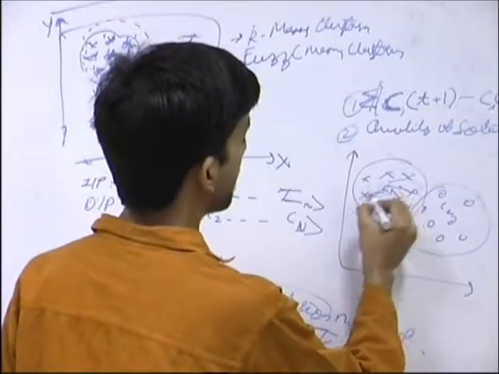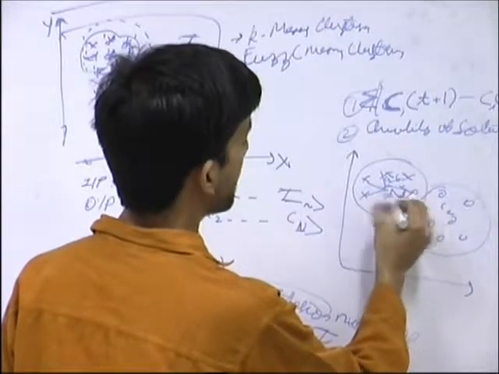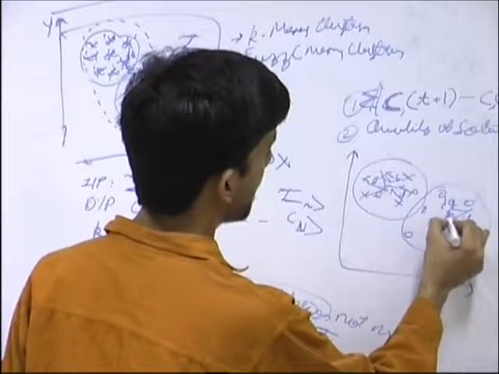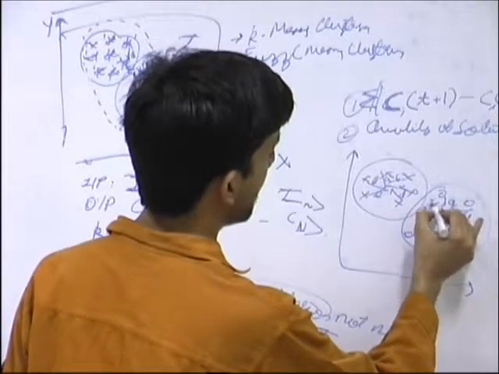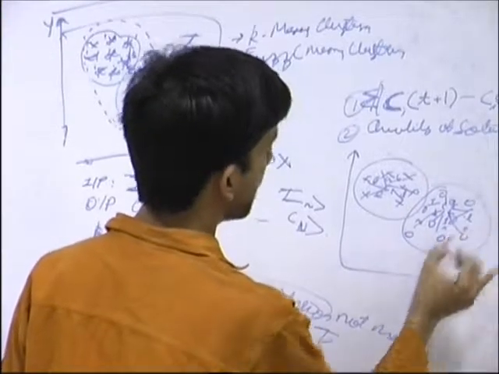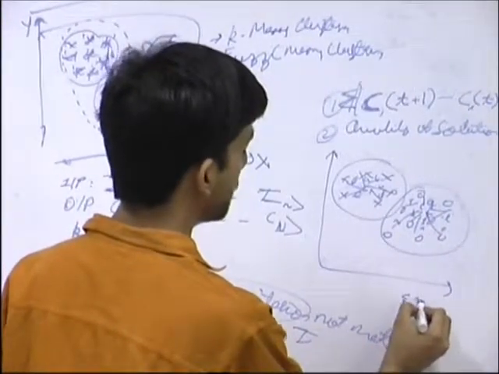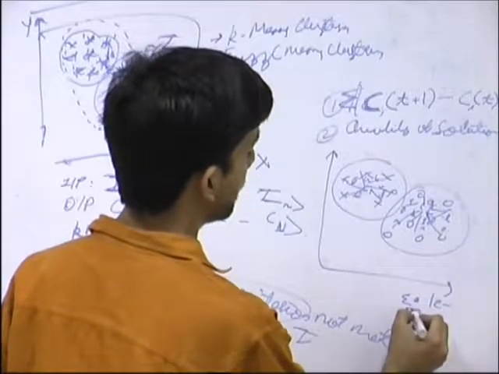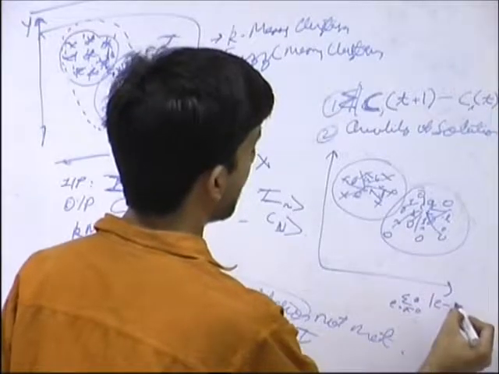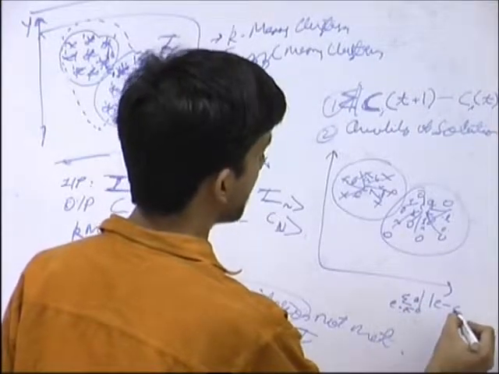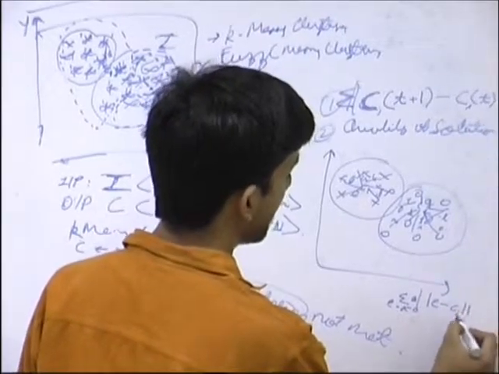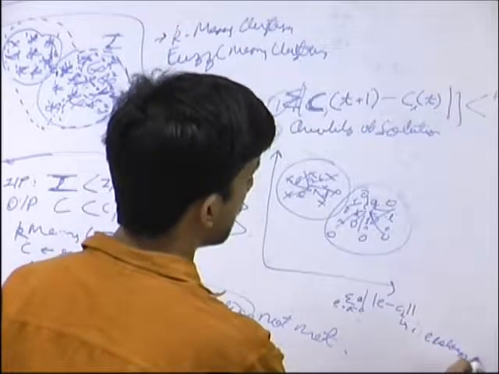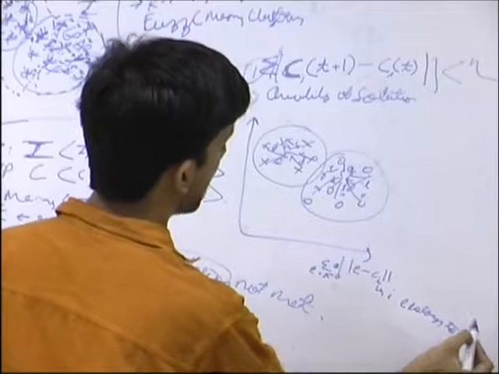I need to say A plus B plus C plus D plus E plus F plus G plus I plus J plus K plus L plus M plus N plus O. So summation A to O, the distance of any element E when computed from its cluster center Ci, such that E belongs to the cluster i.